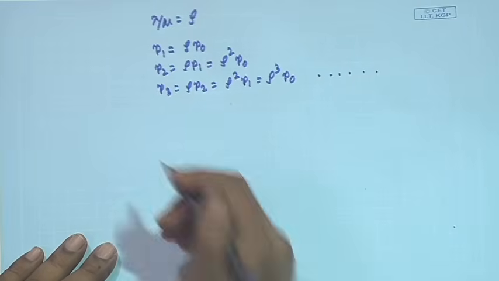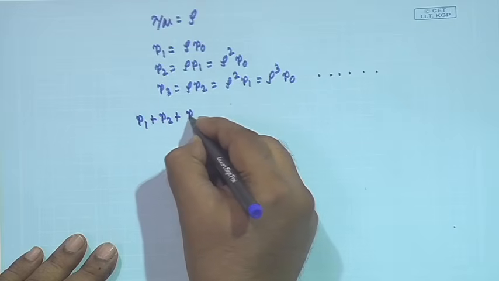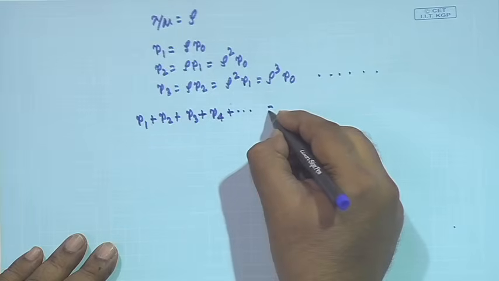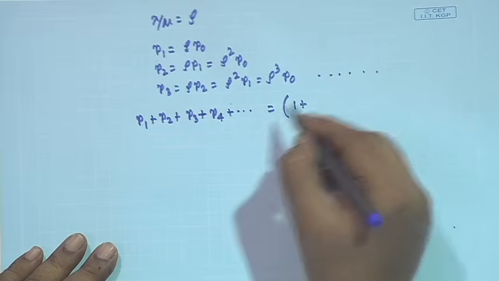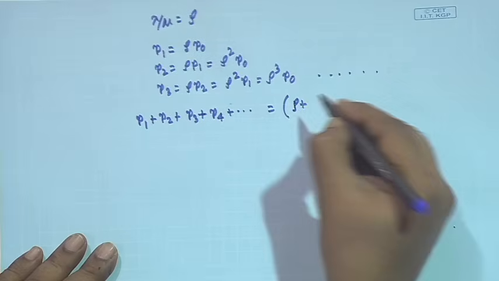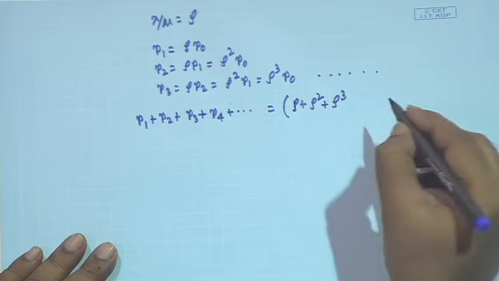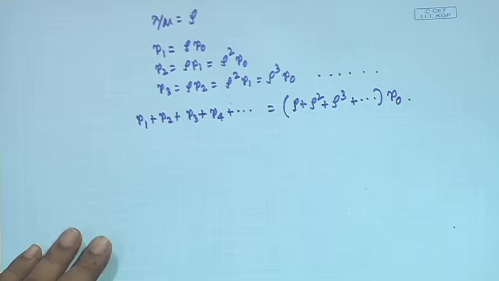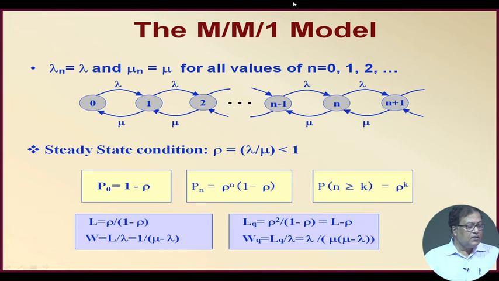Supposing we put them all together, then P0 plus P1 plus P2 plus P3 plus dot dot dot equal to 1 plus rho plus rho square plus rho cube plus dot dot dot times P0, right. So, all of these relations can be obtained in this format, but what are these?